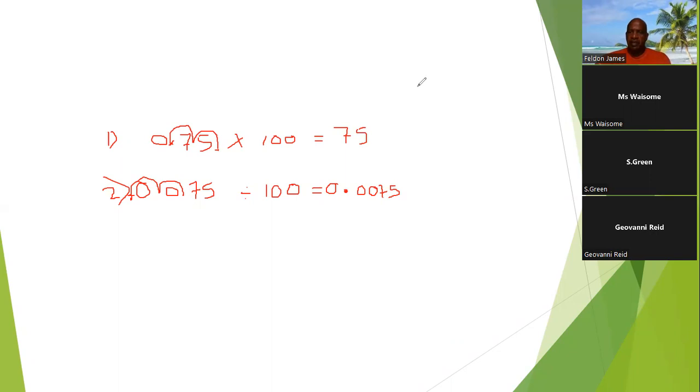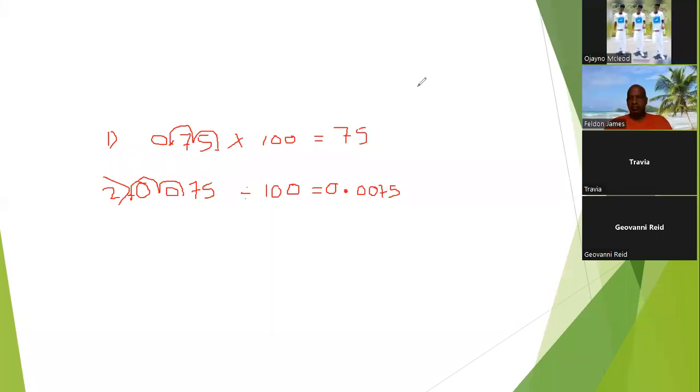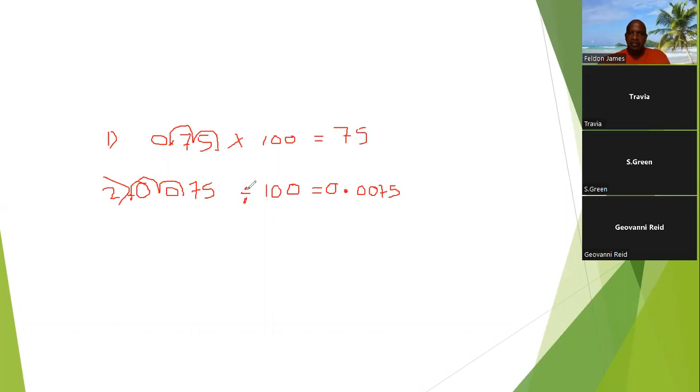Yes, sir. All right, let me see the hands of those who are okay with this. Go ahead, Trivia. Sir, for number 2, the operation should be division, because it is actual division, but because the dot is not so clear, so it's the division, not subtraction.